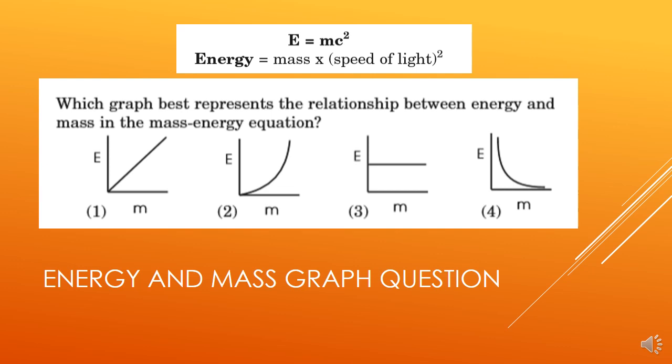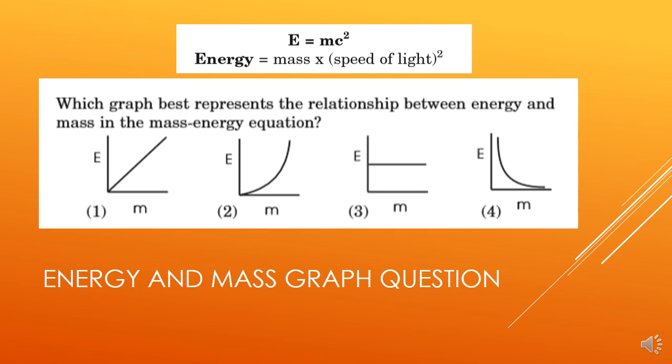Energy and mass graph question. Which graph best represents the relationship between energy and mass in the mass-energy equation? And I wrote the equation up there, E is equal to mc squared. Well, it might be tempting to choose number 2 because our formula has a square in it, so we might think it's an exponential relationship, but that's incorrect.